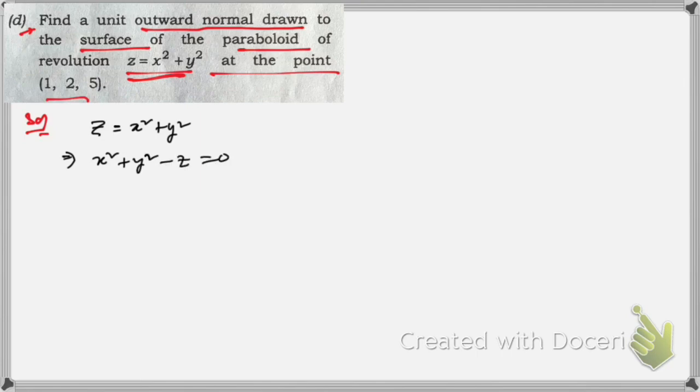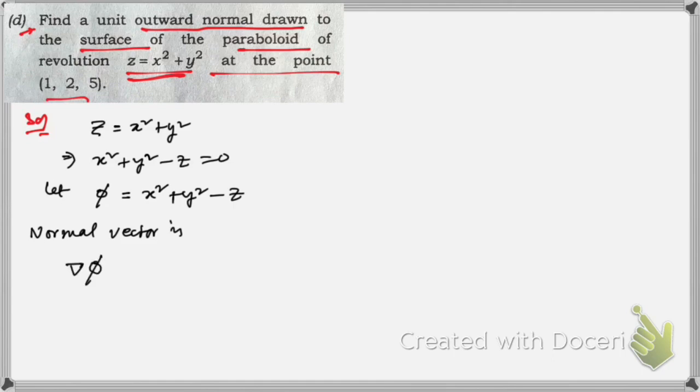So now let us take phi as a function of x, y, z, that is x square plus y square minus z, right? Let me consider it that way. Then the normal vector is given by del phi, that is the gradient of phi.